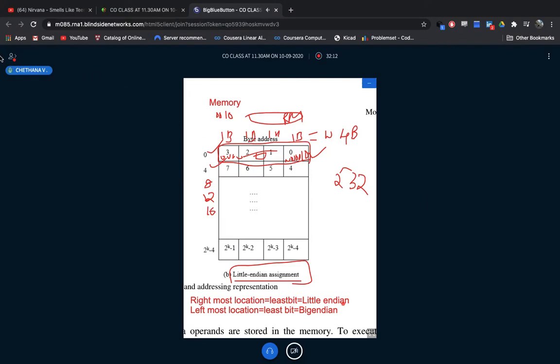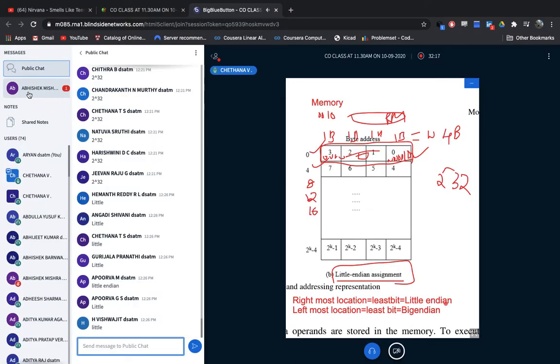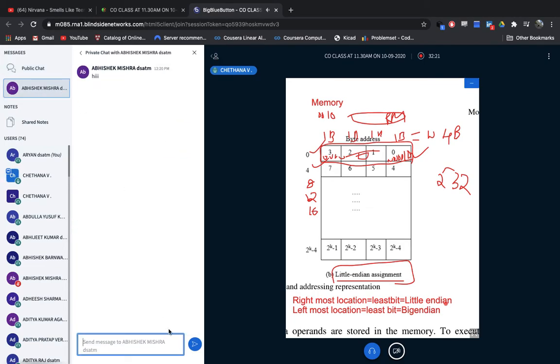Little endian is the byte addressability we are going to use inside our memory location. This big endian we are not going to use. Almost all companies will use little endian only. Systems with Intel processors use little endian only.